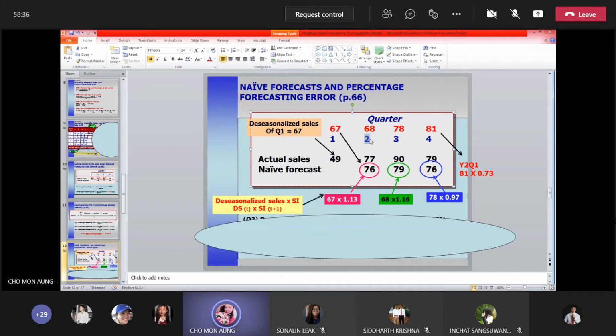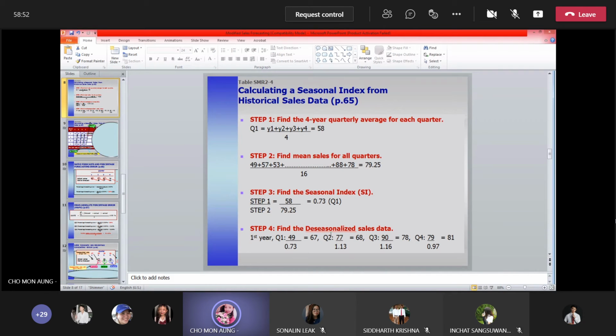So what about quarter three? We have deseasonalized sales of quarter two. We are going to forecast for quarter three. 68 will not become 68 directly. 68 is in step 2. This is for quarter two, so we get deseasonalized sales of quarter two.